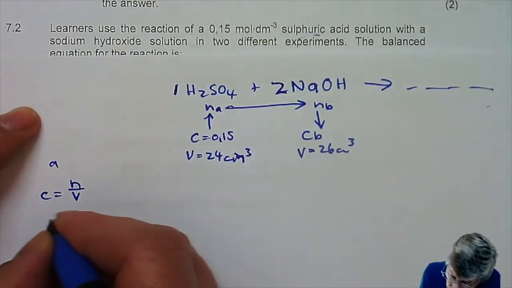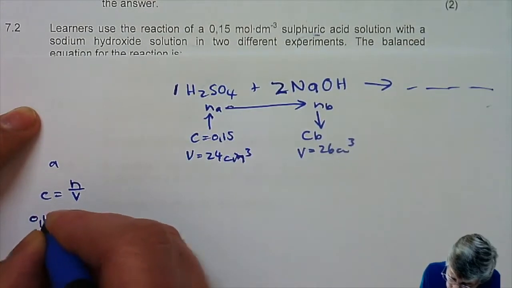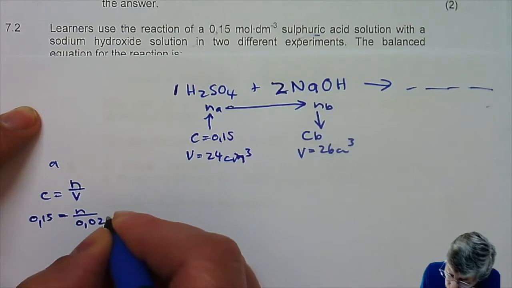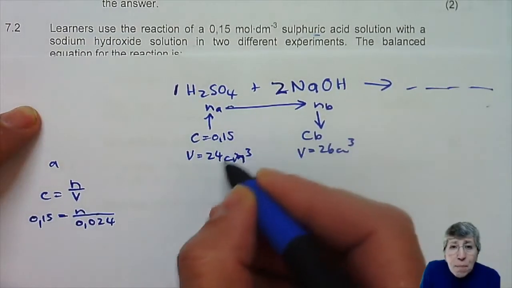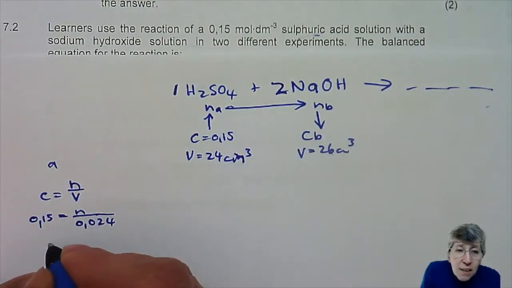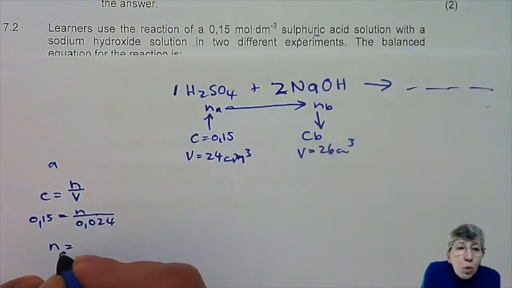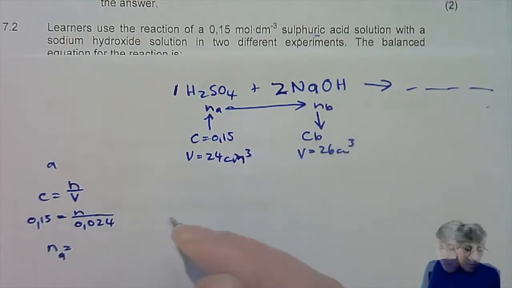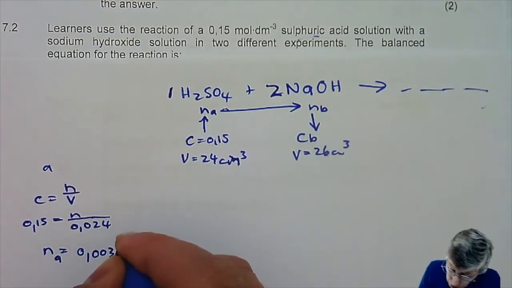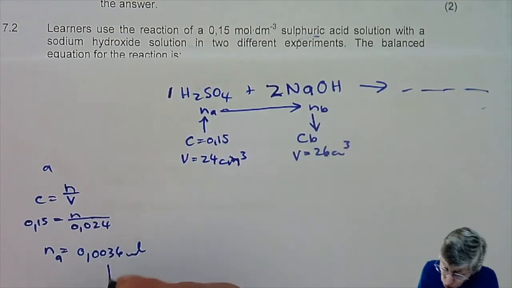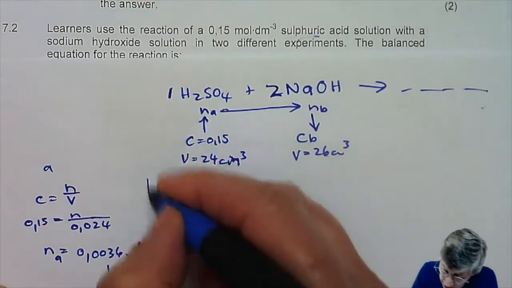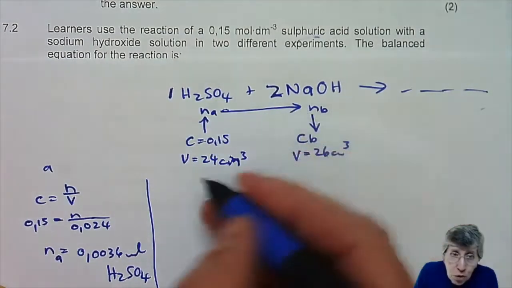So the concentration being 0.15 and the volume being 0.024. Because remember, here we have to go to cubic decimeters, right? And that will give me the moles of acid, right? Let's see, 0.0036, and that is moles of H2SO4, right?